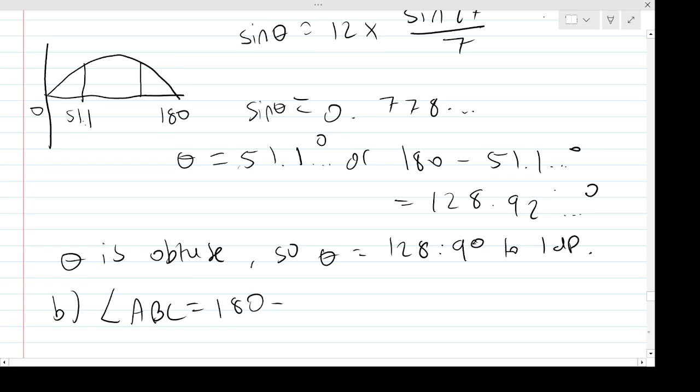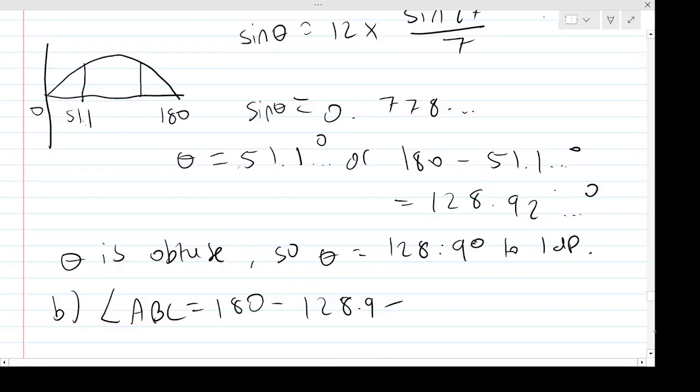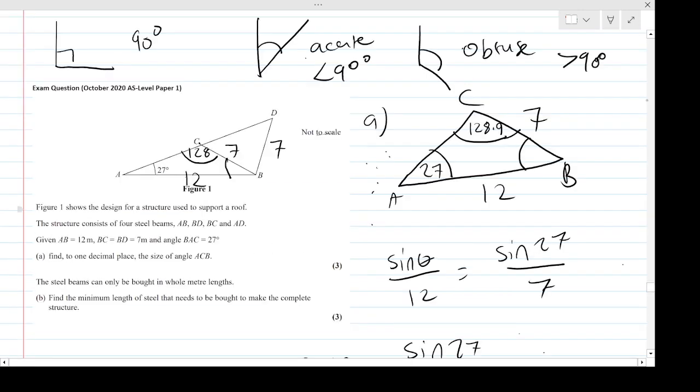So 180 take away 128.9, take away the other angle, which is 27, which will get me 24.1 degrees, which is going to be there then. So that's 24.1 degrees. So we've got all three angles in this triangle ABC.